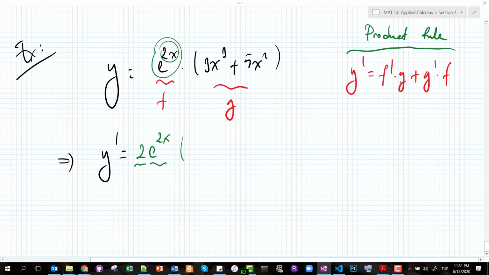And then from the product rule, I keep g the same, 3x cubed plus 5x squared, plus now g prime. When I take g prime, I'm going to use the power rule, which gives 9x squared plus 10x, and then f stays the same, which is e to the 2x. That is going to be my derivative, guys.